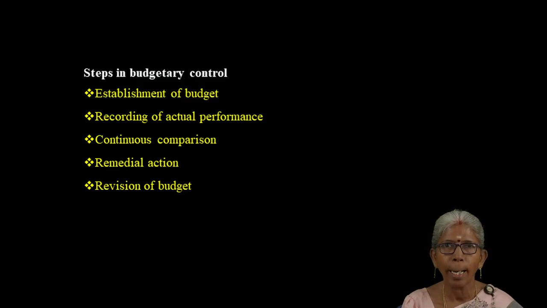We have to analyze the deviation. The deviation may be due to non-availability of raw materials, shortage of labor force, power failure, breakdown of machinery, and so on. We have to find out the real reason and rectify the error. That is the remedial action. Then, if necessary, the budget may be revised.